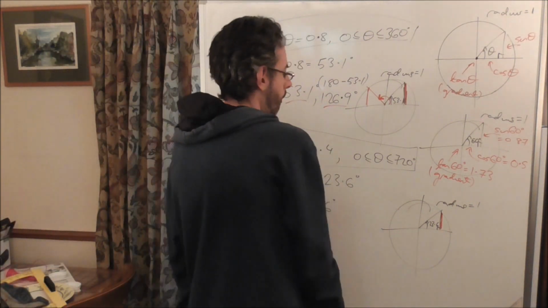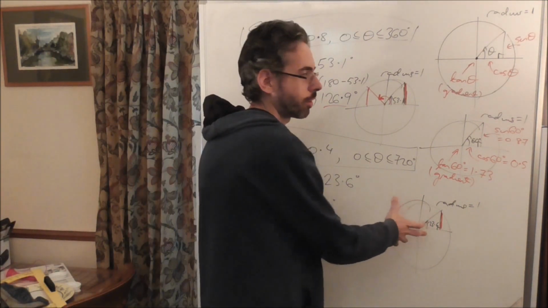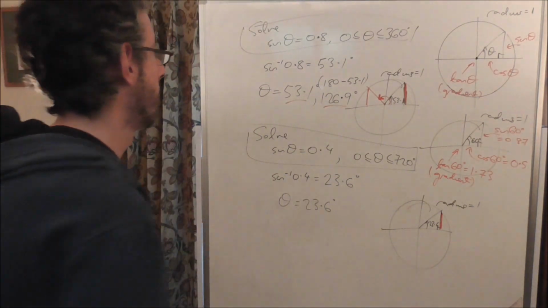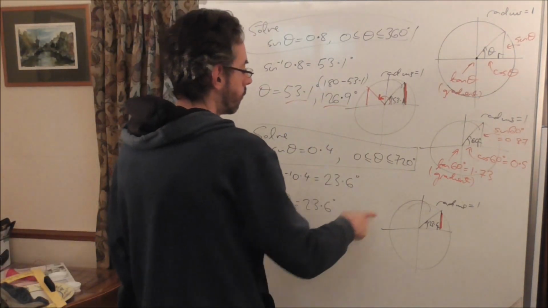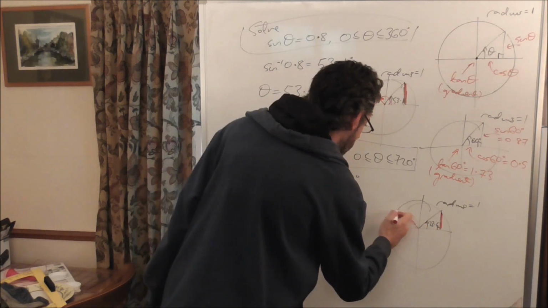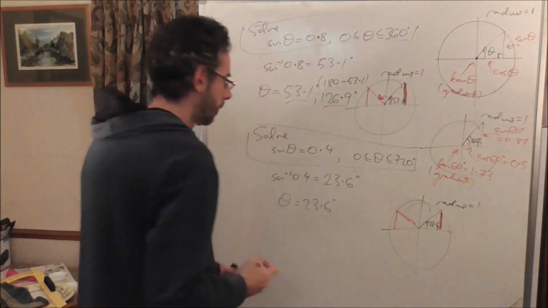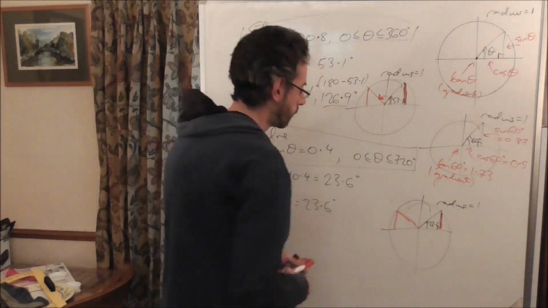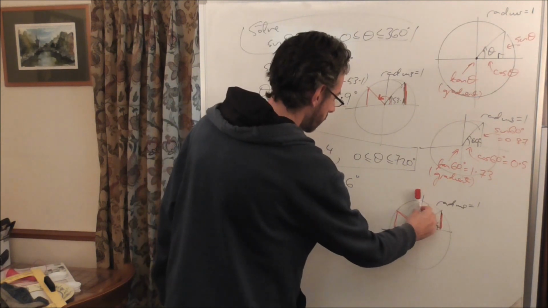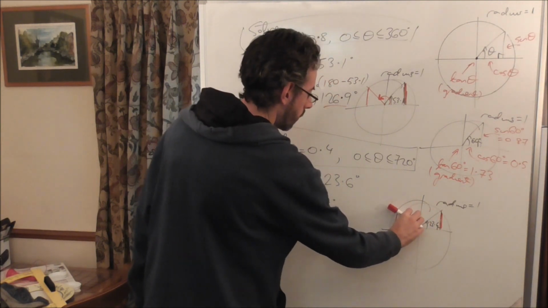So if I can draw another triangle with the same height, that will help me find other angles with the same sine value. So just as we did up here, to draw another triangle of the same height, you reflect it across. So there we go, that's another triangle with a height of 0.4. So the next angle, if I go around in this positive direction, the solution is that angle there.